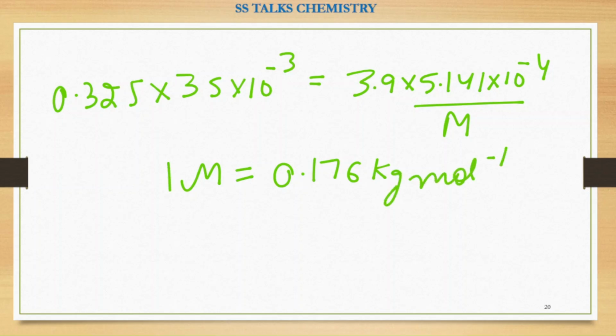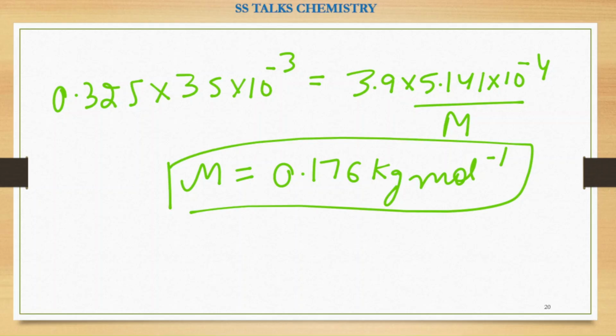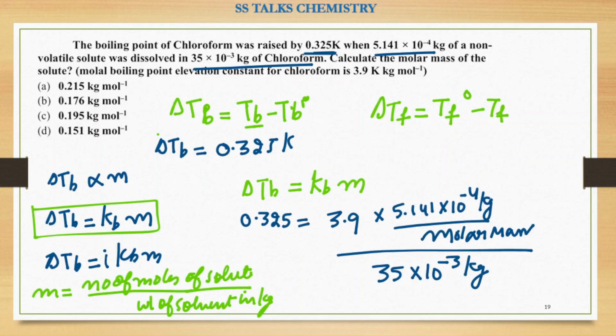This is going to be the molar mass of the non-volatile solute that is added to it. So 0.176 kgs per mole is given to us in option B.